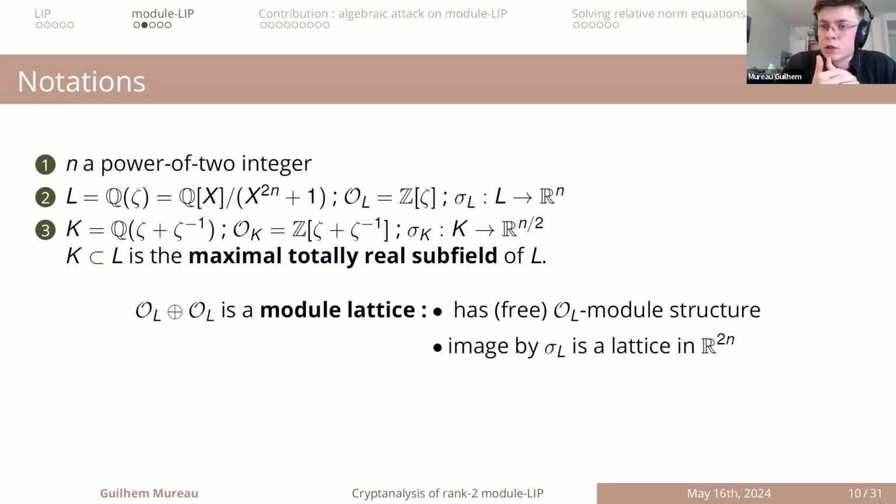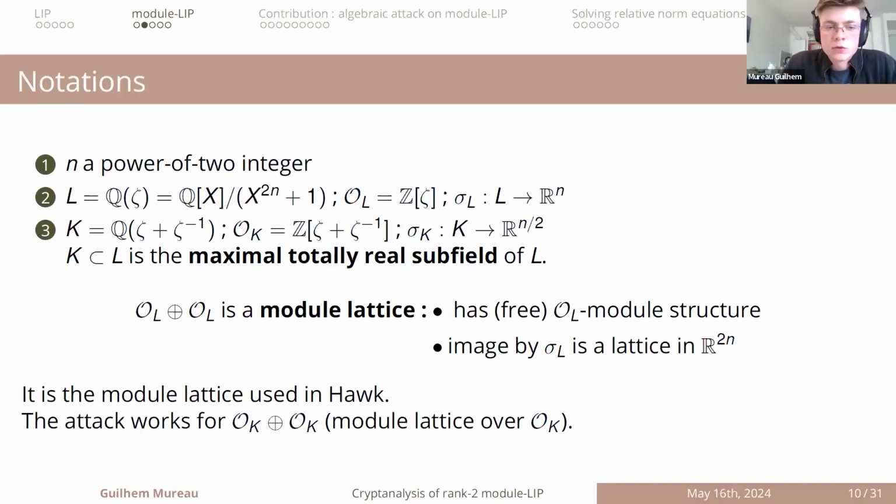In this case, it is free. It has a basis. This is something really particular for module lattices. In general, we don't have a basis. We have to work with something called a pseudo basis. But in this case, we have a basis. And if we take its image by sigma L, the embedding to R to the n, coordinate-wise, then we get a standard Euclidean lattice in R to the n. Actually, O_L plus O_L is the module lattice used in Hawk.